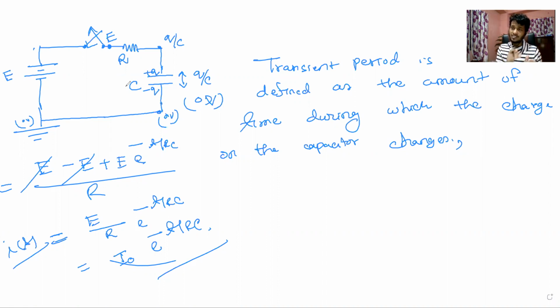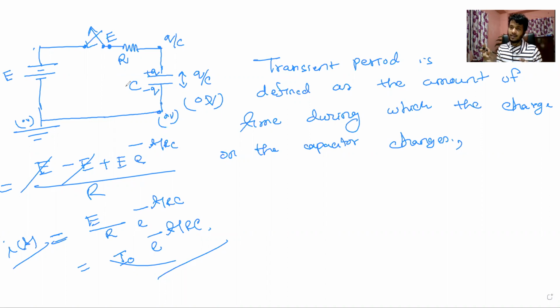The initial state starts at time t equals 0. The steady state is at time t equals infinity. The transient state occurs between the initial state and steady state. That means when the time is greater than 0 and less than infinity, isn't it? Yes, sir. Okay, in the initial state, the charge on the capacitor will be 0 if we assume the capacitor to be uncharged, right?